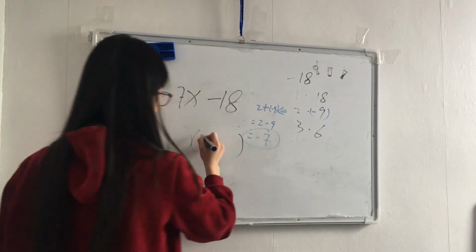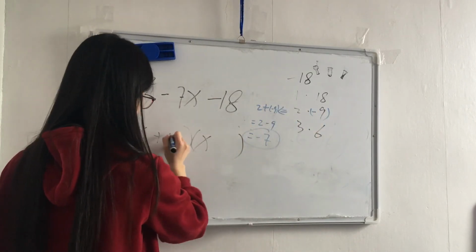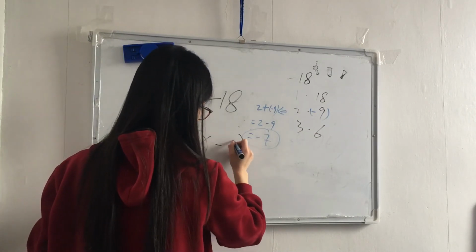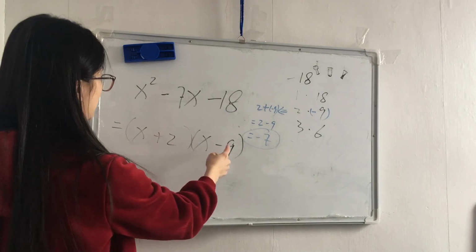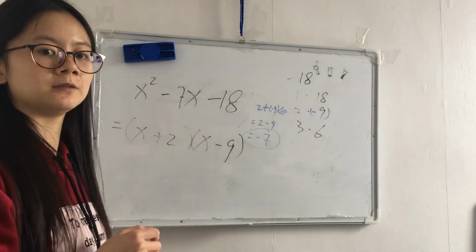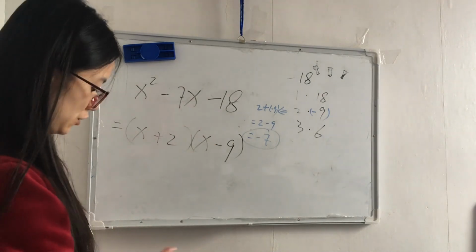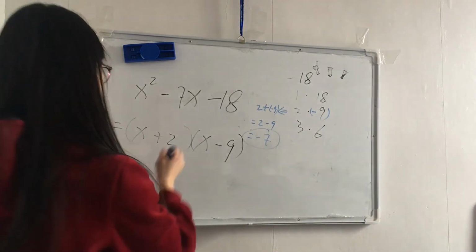This is x, this is x. We're choosing 2 and negative 9. So we have x plus 2, x minus 9. Okay? So this is the factor form of this trinomial expression. Okay, we can check to see if we have the correct factor form.